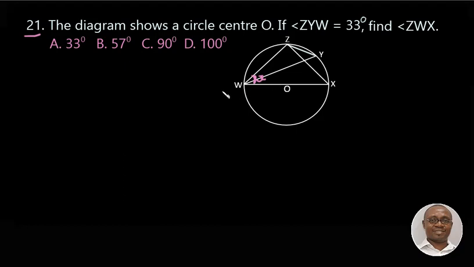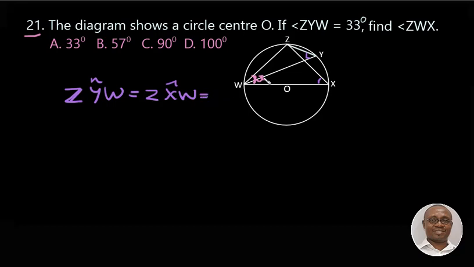Then we must also quickly note some facts about these angles. The angle ZYW, that is this angle, is also equal to the angle ZXW, that is this angle, because they are angles in the same segment and they are equal.